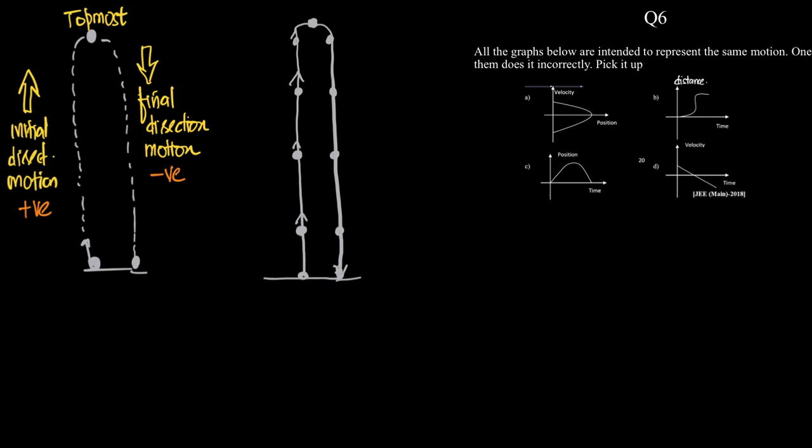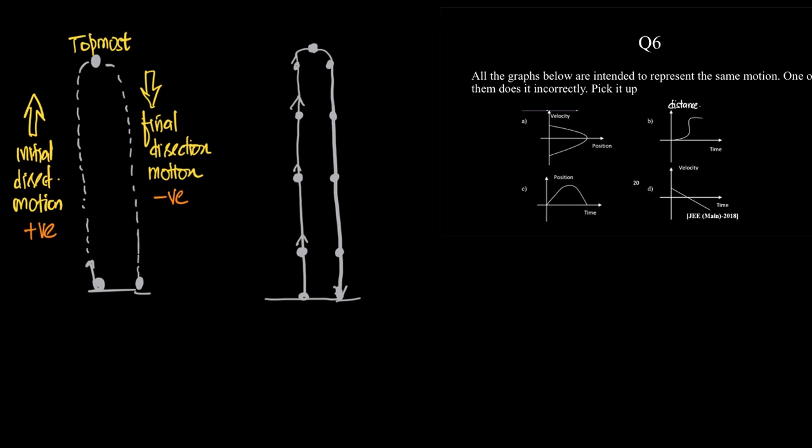The very key thing to understand here is at same positions, when I say same positions, I mean in the upward and the downward motion, speeds remain the same. Those who are listening to this concept for the first time, bear with me for a couple of minutes. Your concept will be clear. The idea will be clear.